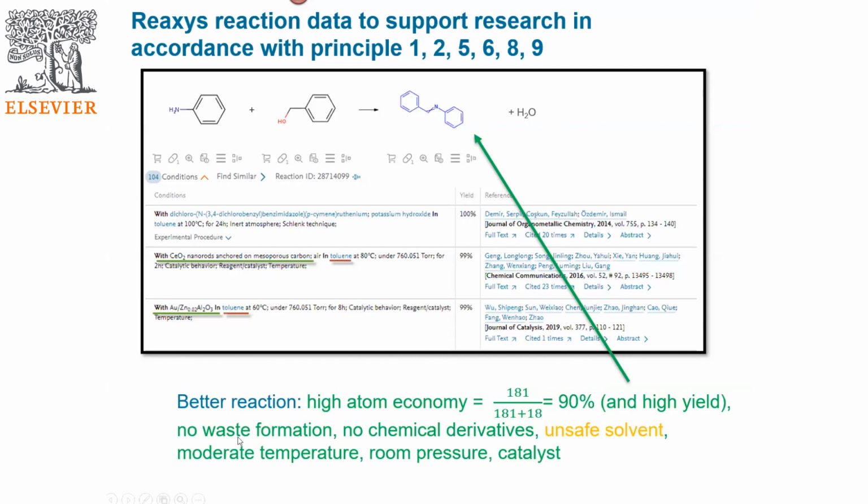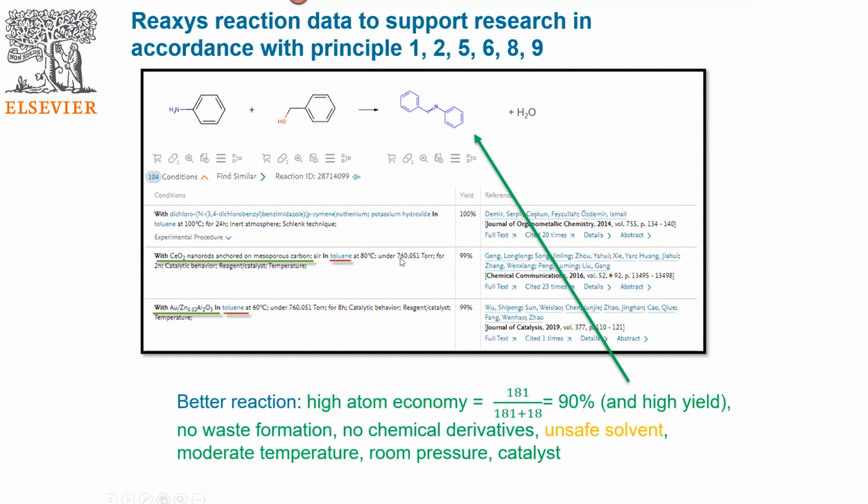And also there is no waste, no chemical derivatives. Unfortunately, it's carried out in toluene, which is not a very safe solvent. It's carried out at a comparably high temperature, 80 degrees, but under room pressure.